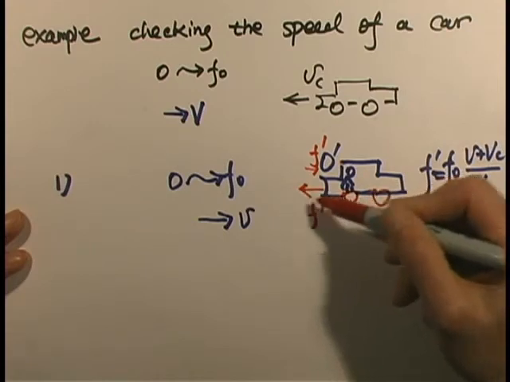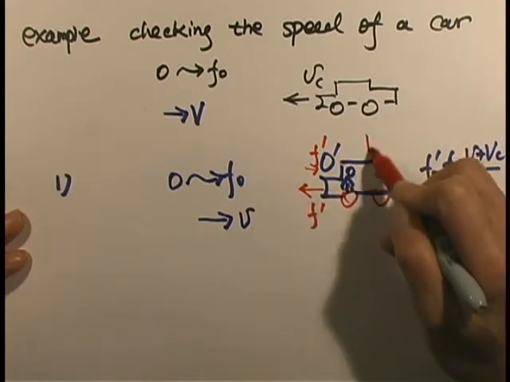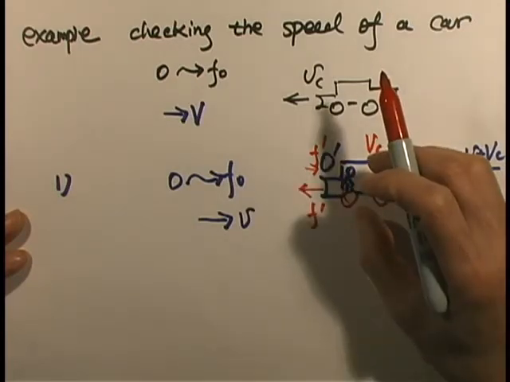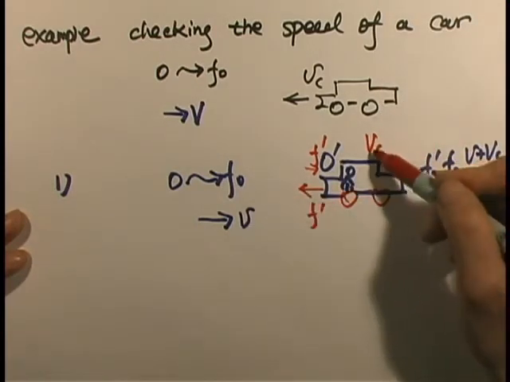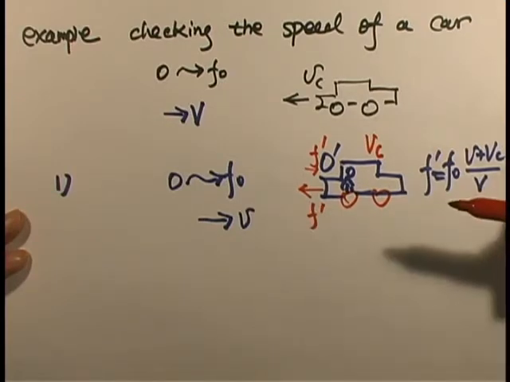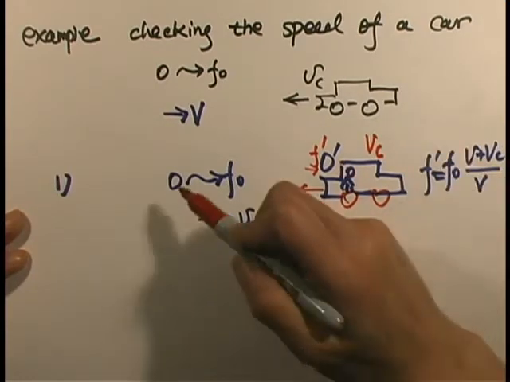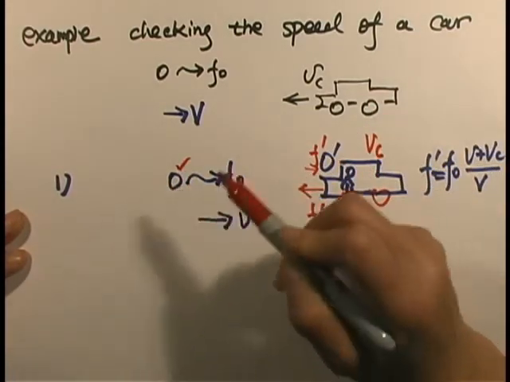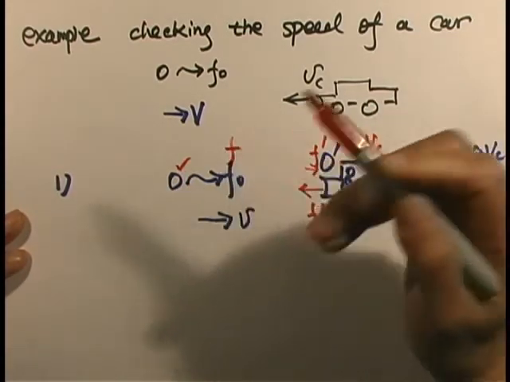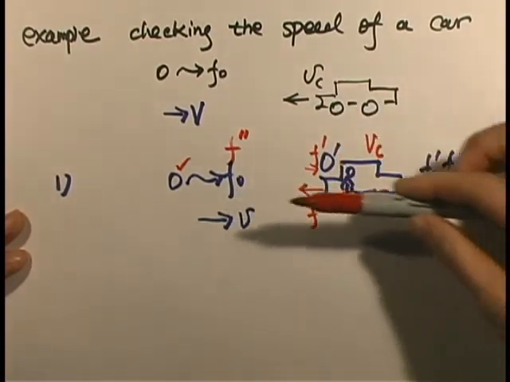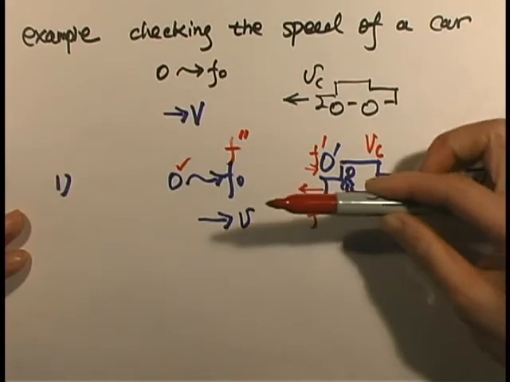Since the car is moving to the left with v car, it is as if you have a source moving to the left with v c emitting f prime, such a signal. Now, this is the observer. This observer will receive the f prime frequency because the signal from the car is f prime already.